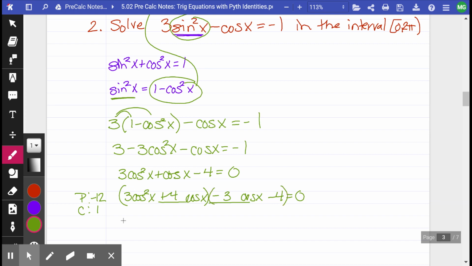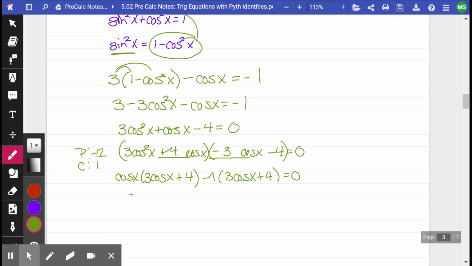Group up your pairs, factor out a cosine of x from the first one, leaving us with 3 cosine x plus 4. Take out a -1 from the second set. So we're negating everything, 3 cosine x plus 4 again. The parentheses are the same, so we regroup.